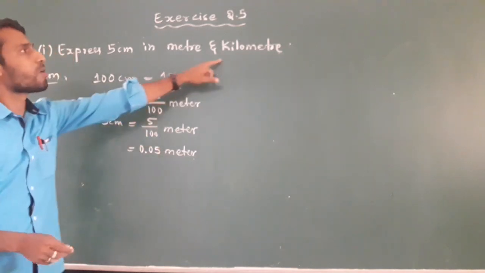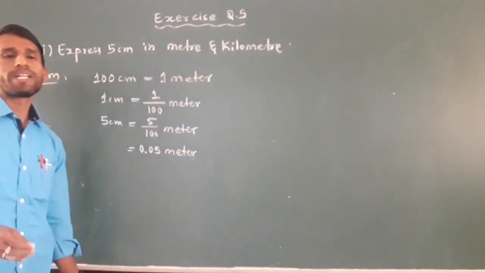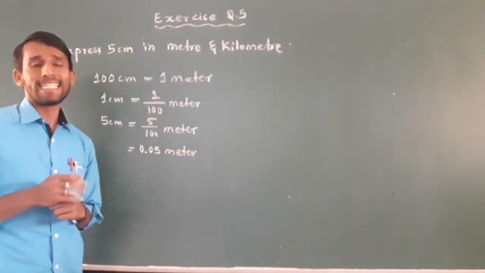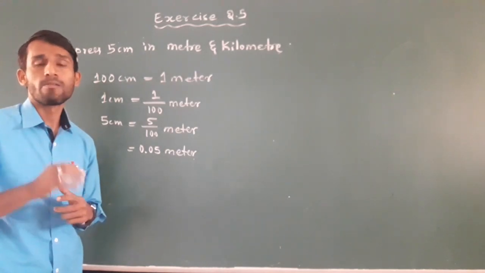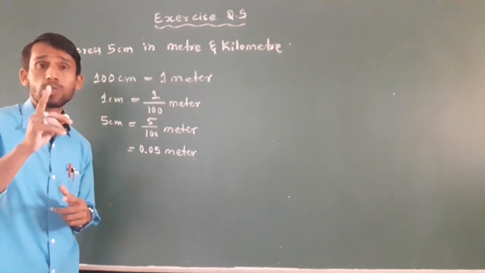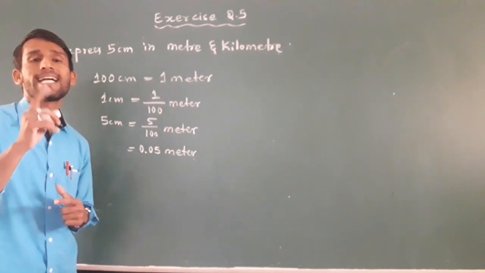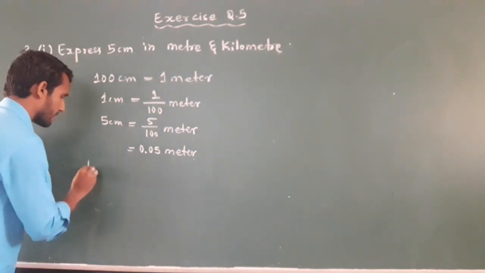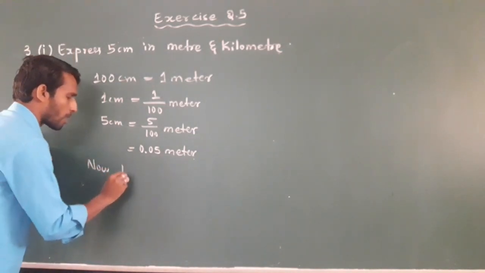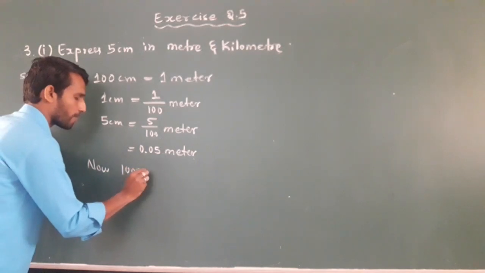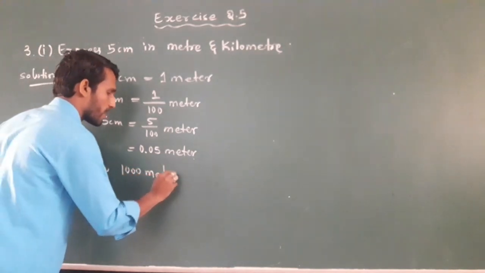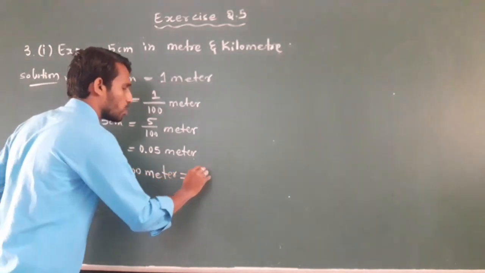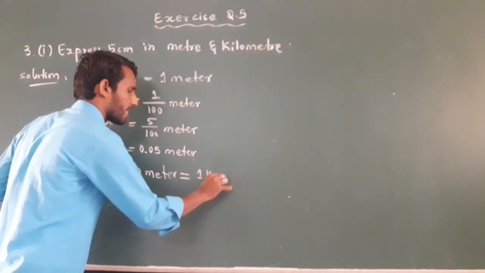Next, we have to convert to kilometer. Dear student, as you know, for 1 kilometer, how many meters are there? 1 kilometer equals 1000 meters. Now we can write 1000 meter equal to 1 kilometer.